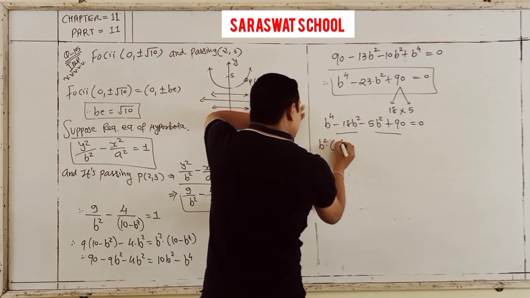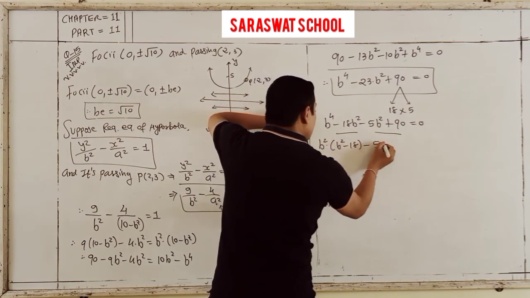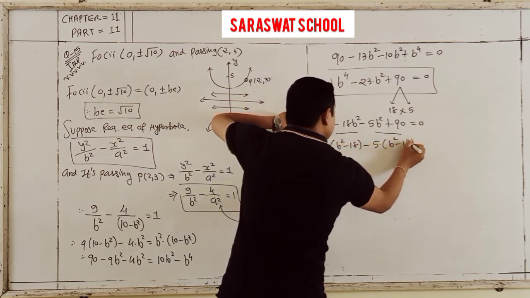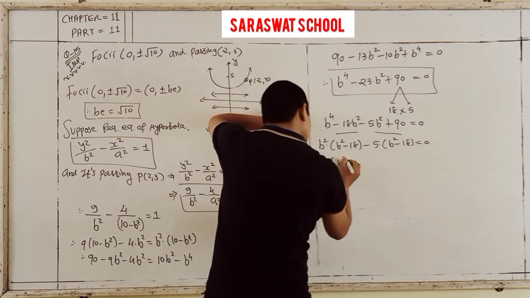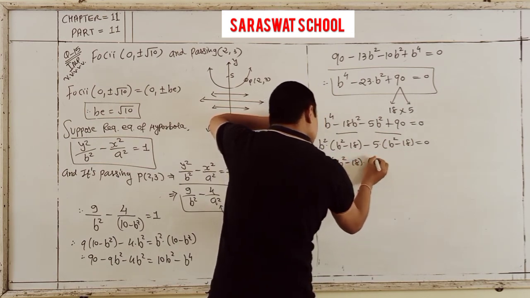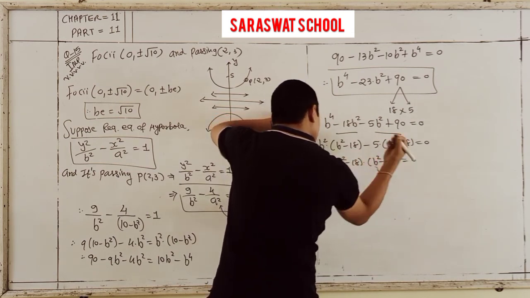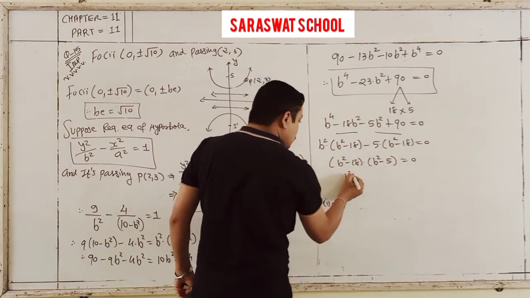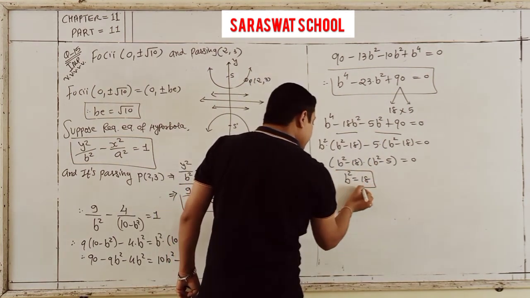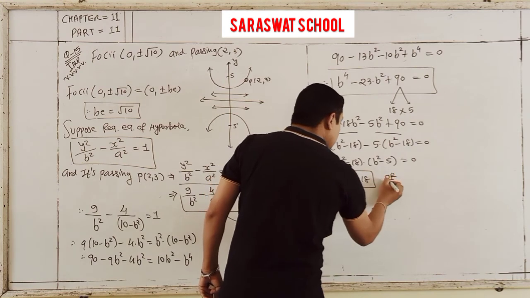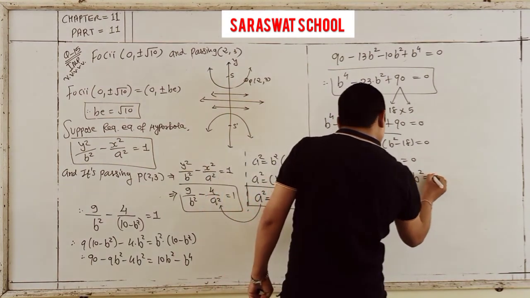B square common, b square minus 18, minus 5 common, b square minus 18. So one factor is b square minus 18 and the other is b square minus 5. So my first answer, b square is equal to 18, or another answer, b square is equal to 5.